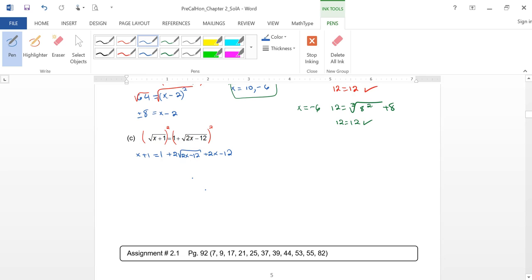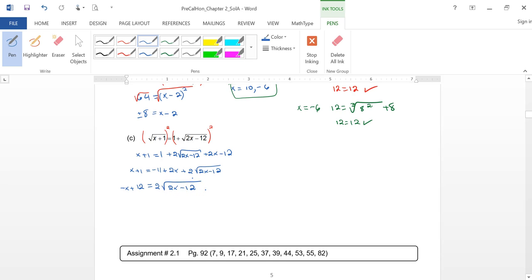All right, so now this is x plus 1 equals 1 minus 12 is negative 11 plus 2x plus 2 times the square root. So you add 11 to this side and you get 12, and you subtract 2x, so you get negative x plus 12 equals 2 times the square root of 2x minus 12.